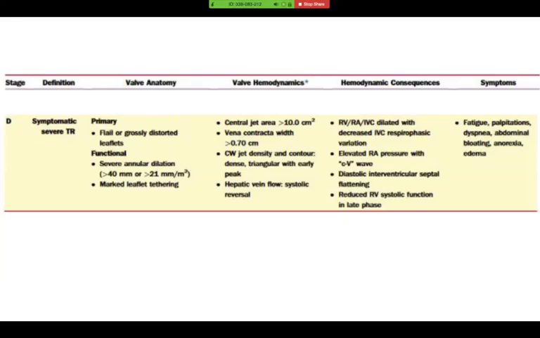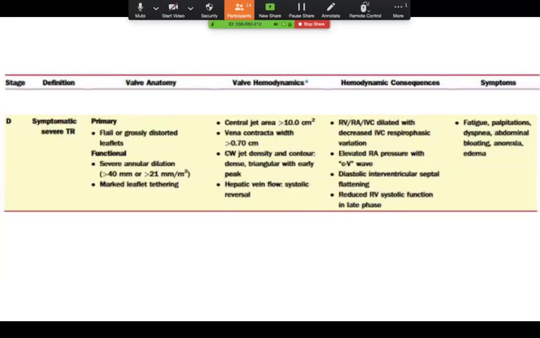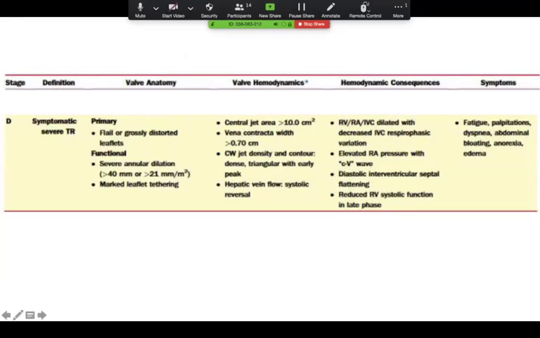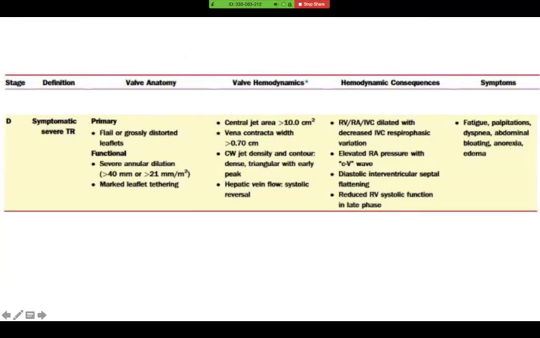Now we'll discuss symptomatic severe TR. Coming to the valve anatomy, as in asymptomatic, the primary valve pathology is grossly distorted leaflets. In functional TR, as we discussed, there is annular dilatation of more than 40 mm or 21 mm per meter square, and marked leaflet tethering.